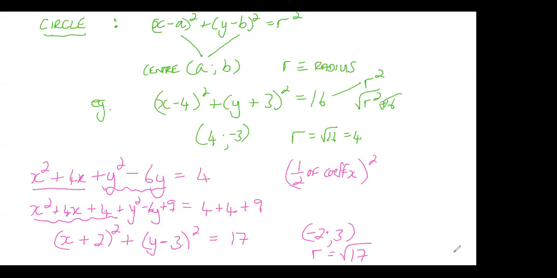Right, I'd like you to just give one a try. I'll just give you a minute. X squared minus 6x plus y squared plus 8y plus 3 equals 0. I'd like you to give that one a try.